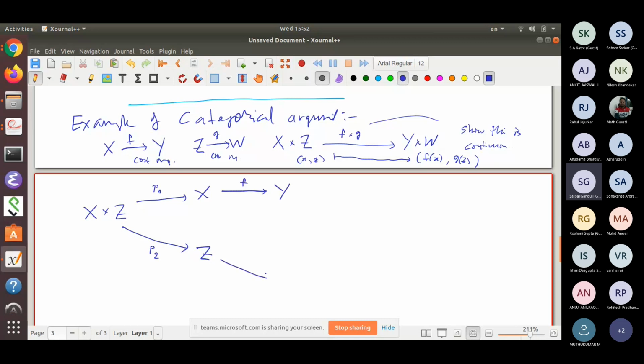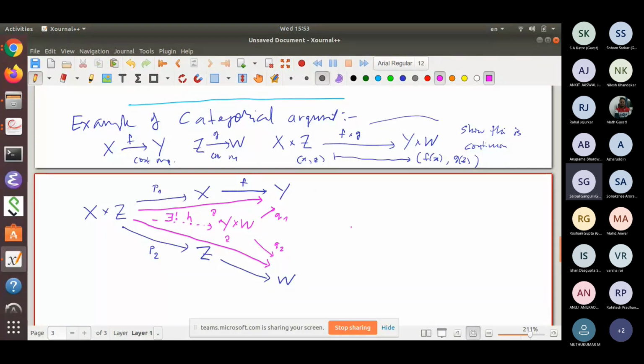And here's a map going to W. So X cross Z comes with a pink map to Y, and a pink map to W. Therefore, by the universal property of product, it should have a map to Y cross W, and Y cross W has this first projection q1, this second projection q2, and there should exist a unique map here, H, making this and this commute.